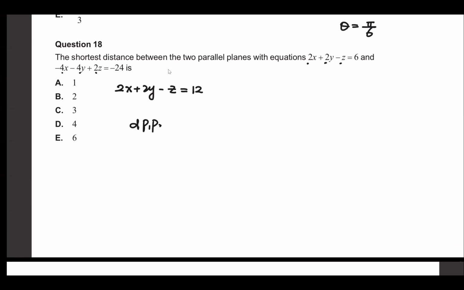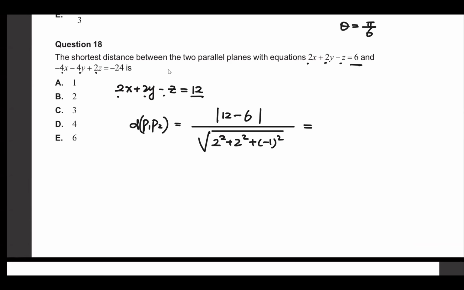Distance between pi 1 and pi 2 equals the absolute value of the second constant subtracting the first constant, divided by the square root of 2 squared plus 2 squared plus minus 1 squared. So you get 6 divided by root 9.